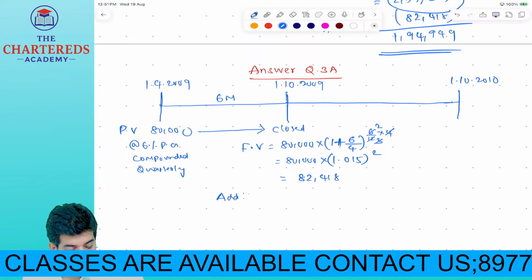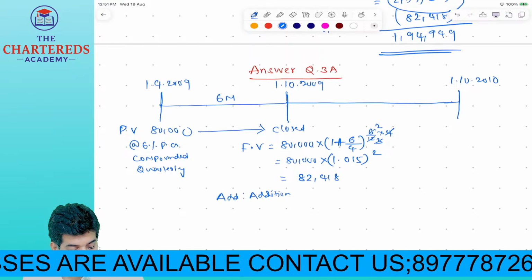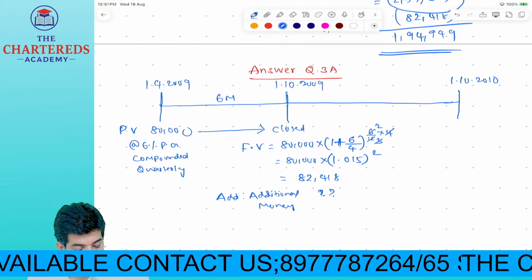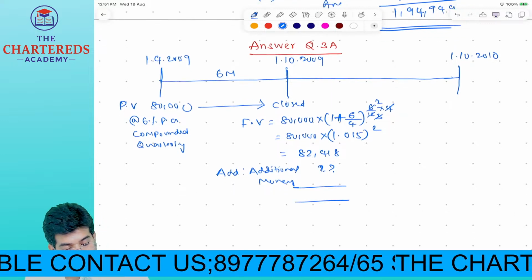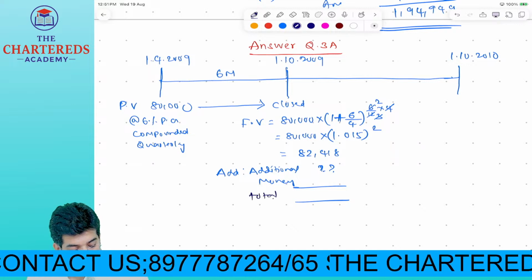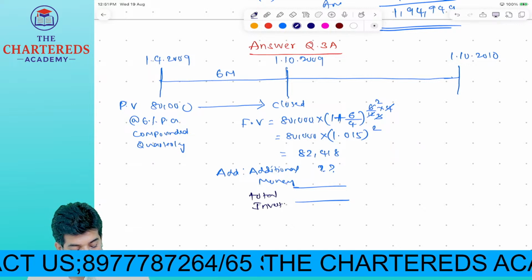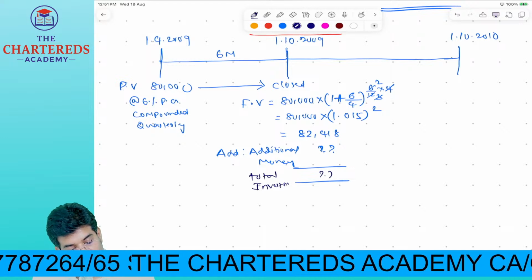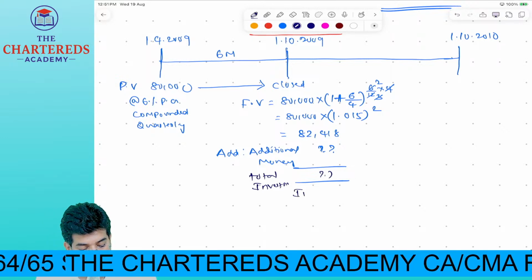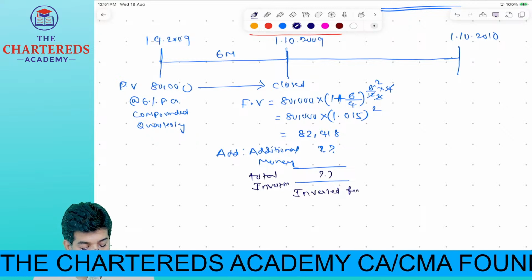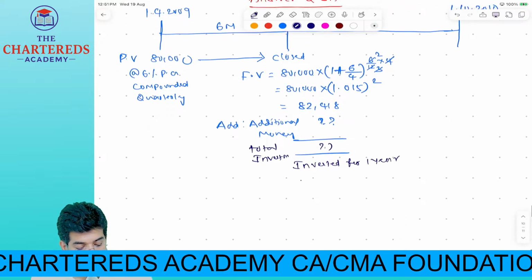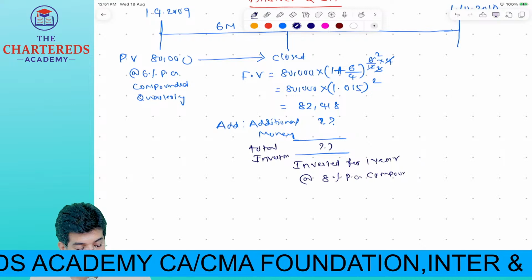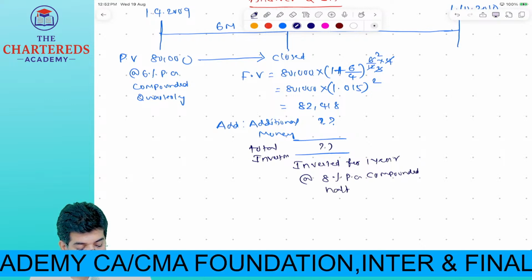Add the additional amount. The additional money contributed is unknown, question mark. This total investment is also a question mark. He invested this for 1 year at 8% per annum compounded half yearly.